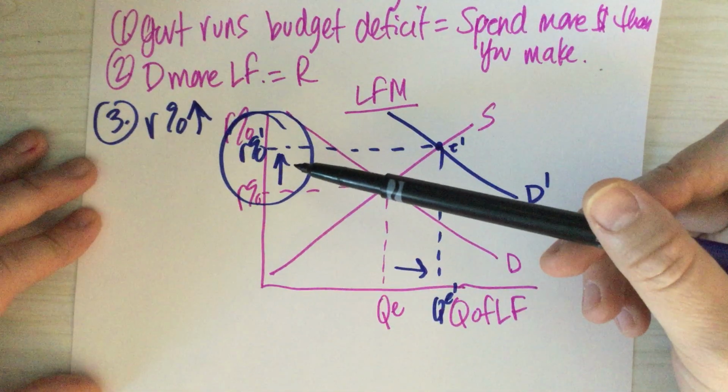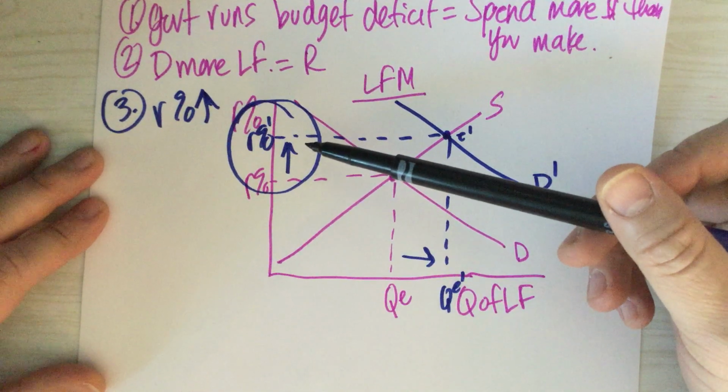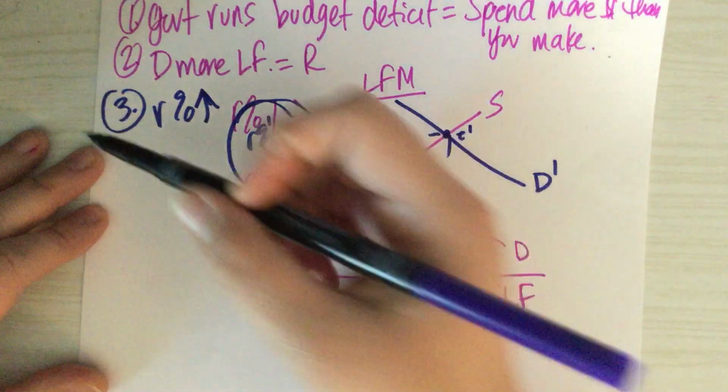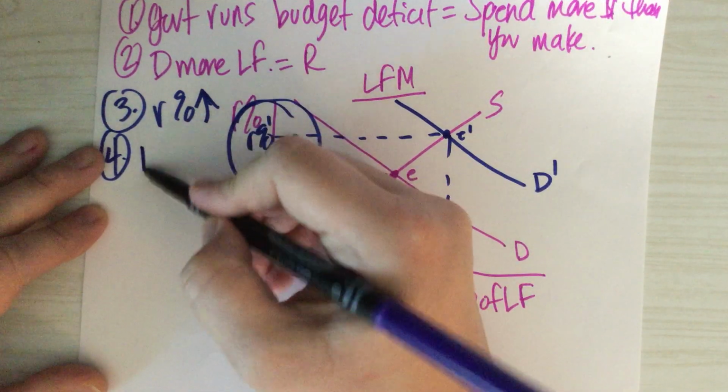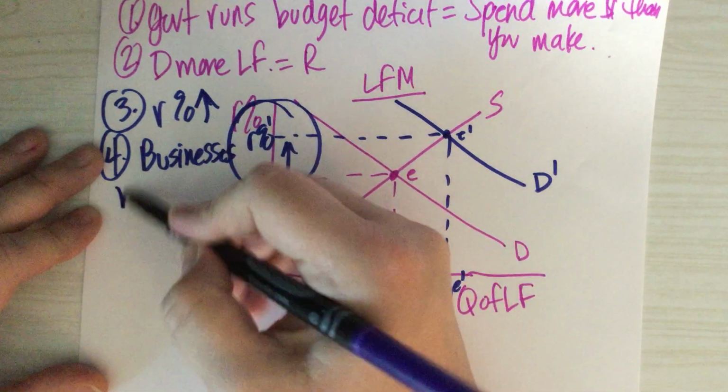What did we talk about? How does this affect businesses and borrowing when the interest rate is too high? What happens then is that businesses won't borrow money.